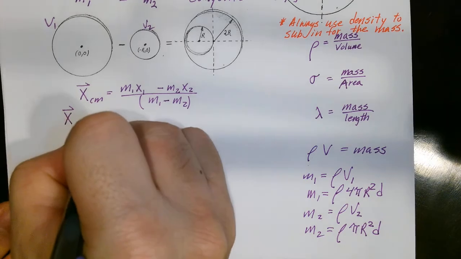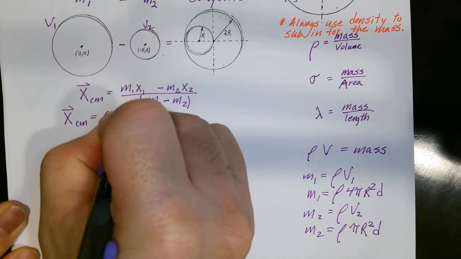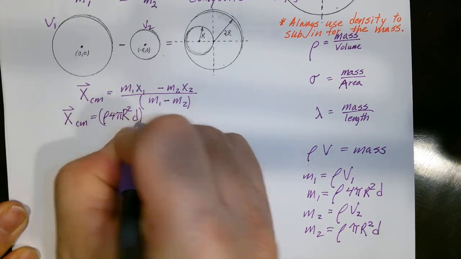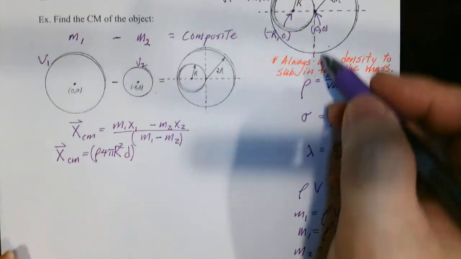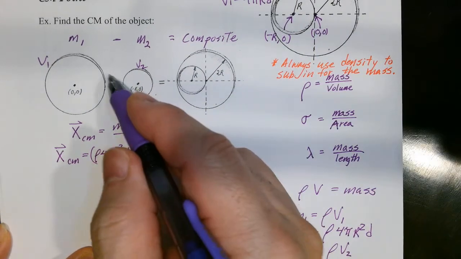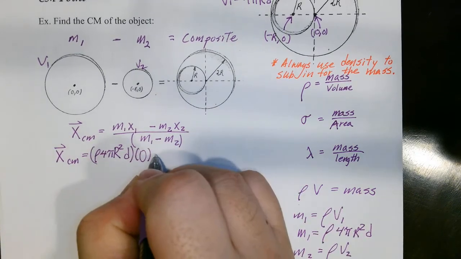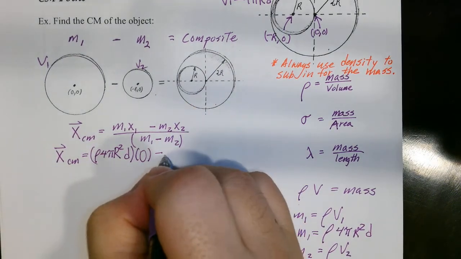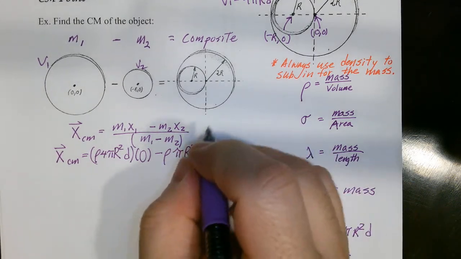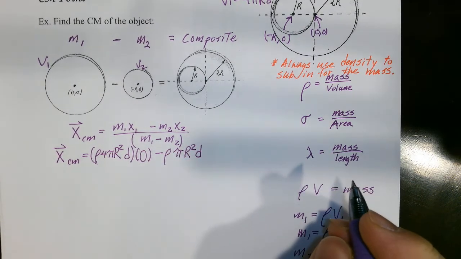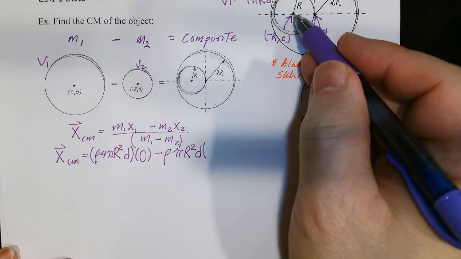m1, which is rho times 4 pi r squared d, times x1. x1 is 0 because the center of mass of this big object is located at 0, 0, minus, right, rho pi r squared d times x2, which will be represented as negative r.